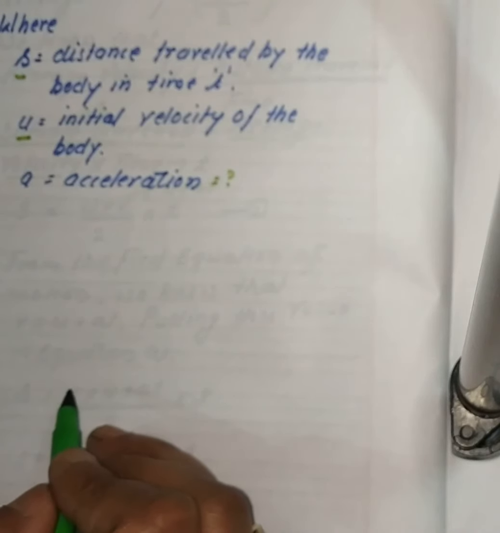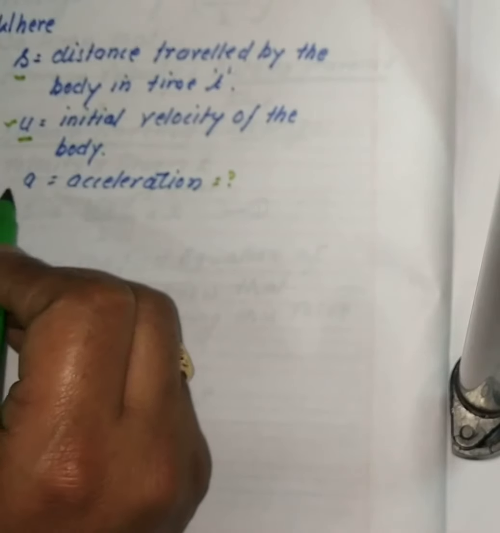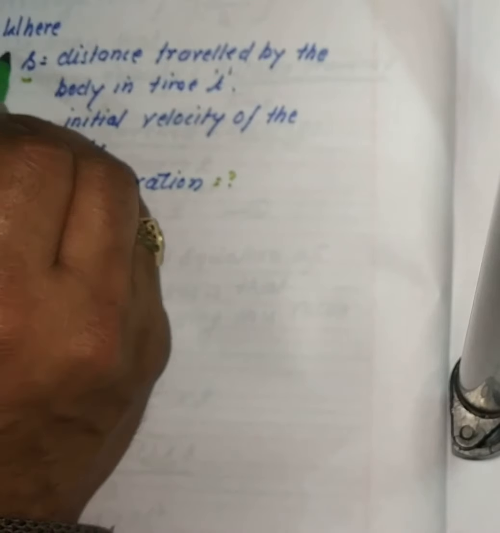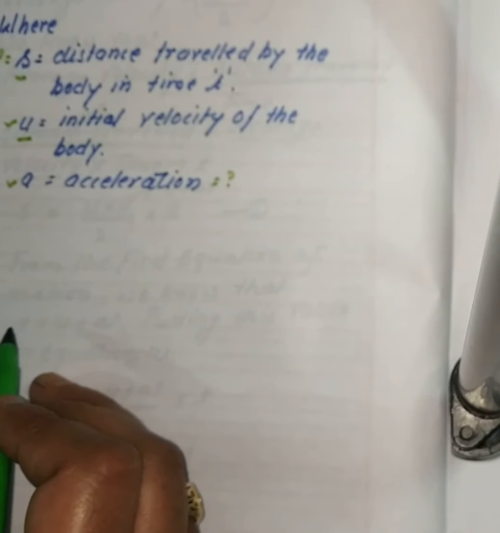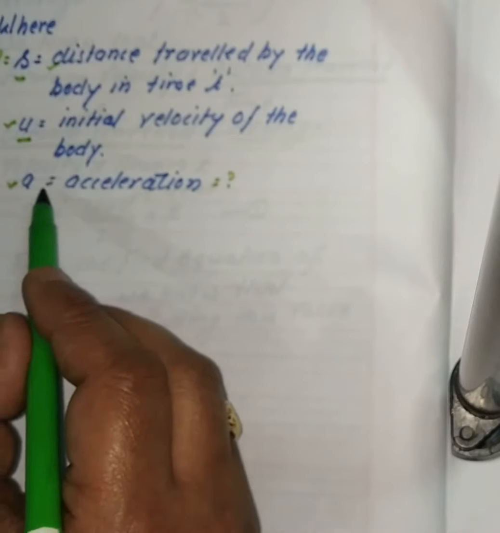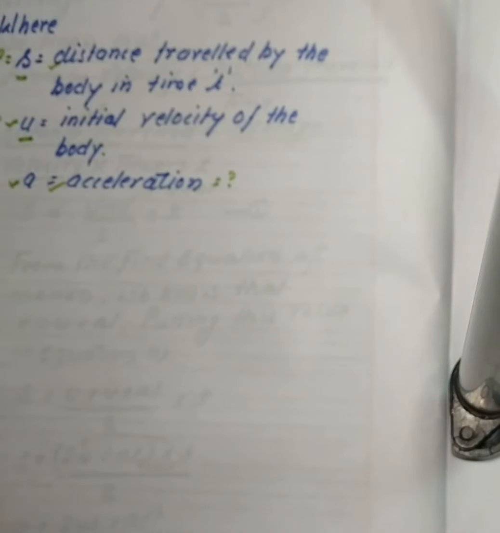In another case, they give us two quantities, initial velocity and acceleration, and we have to find out the distance. In the third case, they give us the distance traveled and acceleration, and we have to find out the initial velocity. So it is an important equation of motion.